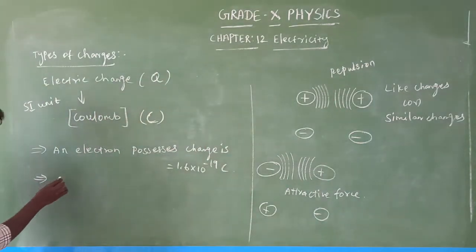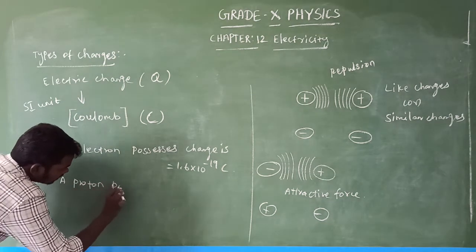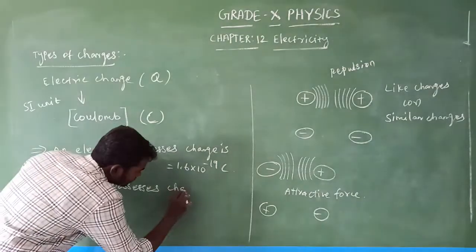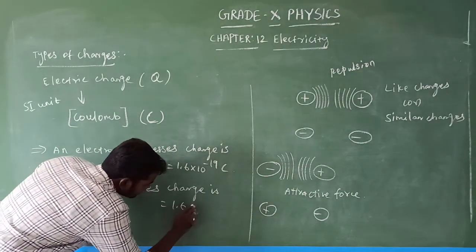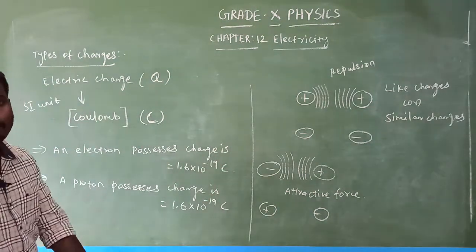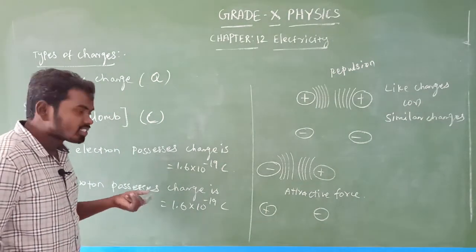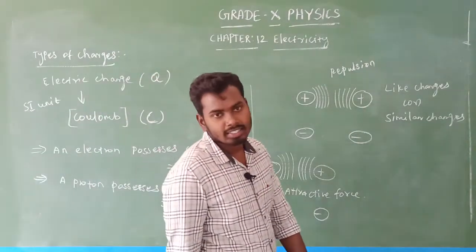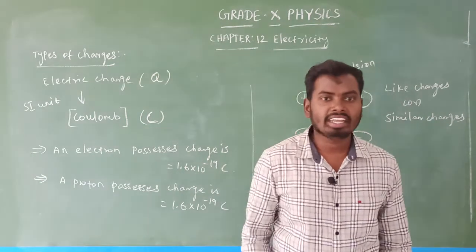A proton possesses a charge of 1.6 into 10 to the power of minus 19 coulomb, the same as that of electron. The electron and proton charge is same.